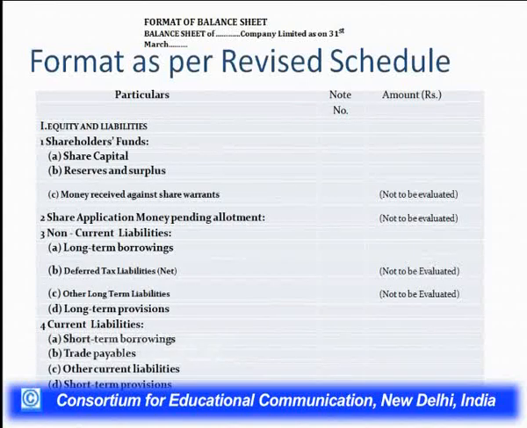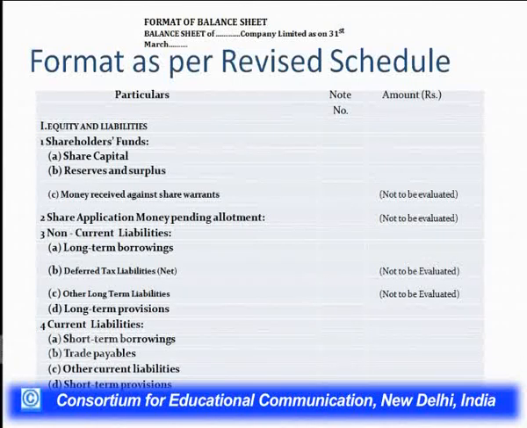It is with us, it is in our bank account, but we cannot show it as our share capital. But then the question is, we have cash, so how to deal with it? The requirement is that we show it under share application money pending allotment, and the amount should not be added in the total value of equity and liabilities.